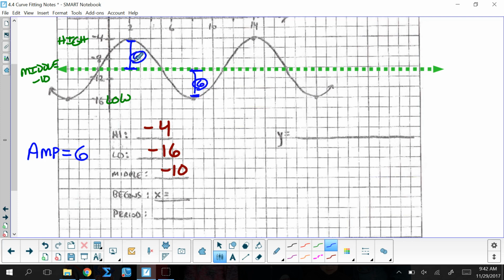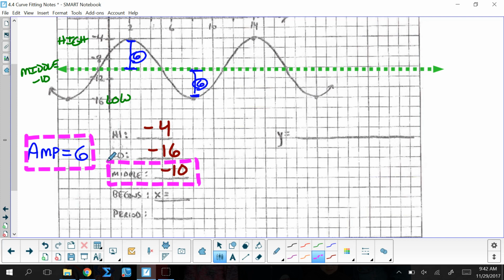So my amplitude is 6. So I've got my A value. I've got my D value. Right? Okay. Now we just got to figure out B and C.